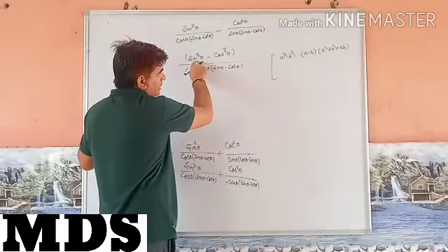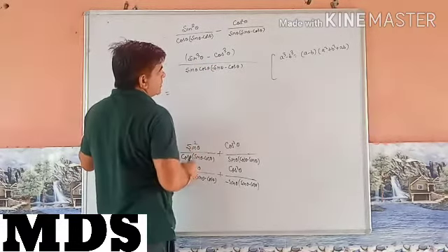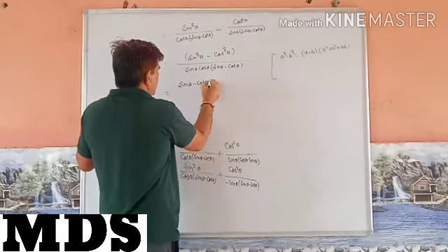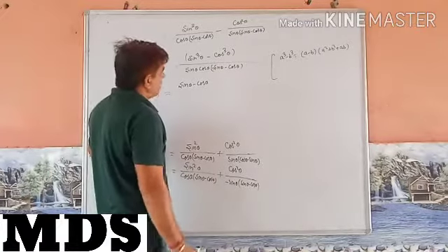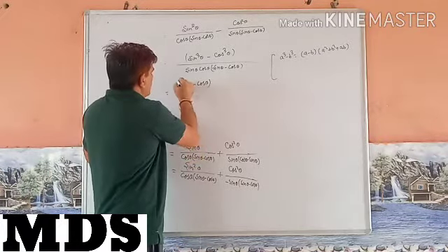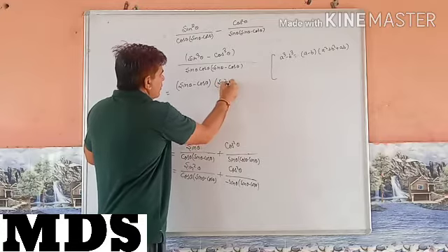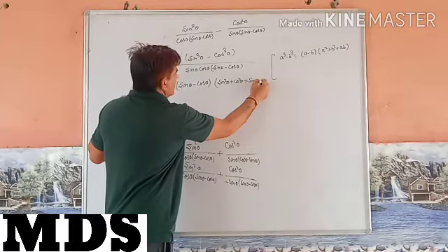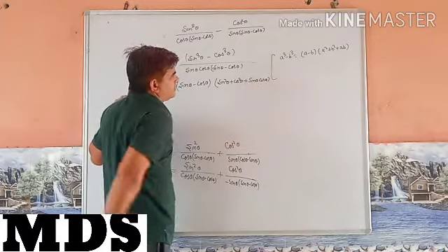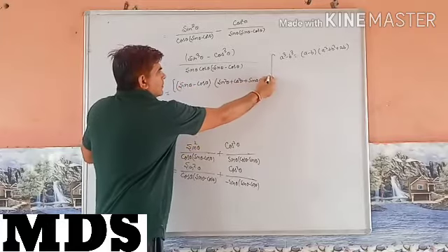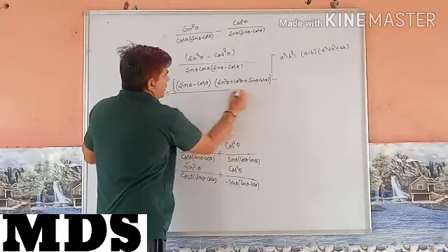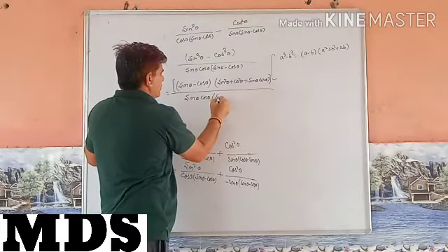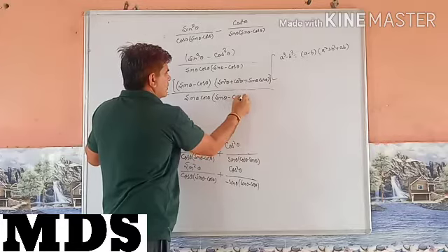A is sin theta, b is cos theta. So what becomes? Sin theta minus cos theta into sin square theta plus cos square theta plus sin theta cos theta, divided by sin theta cos theta into sin theta minus cos theta.